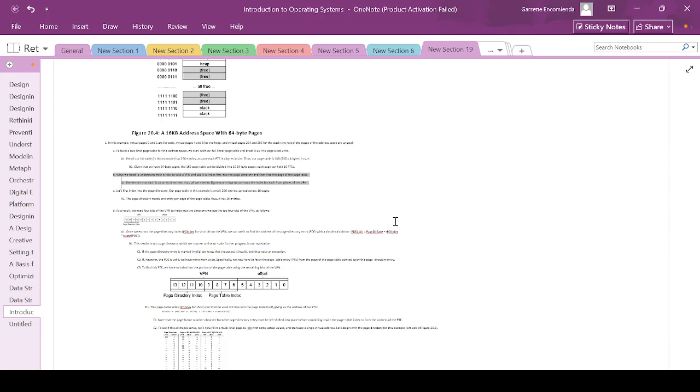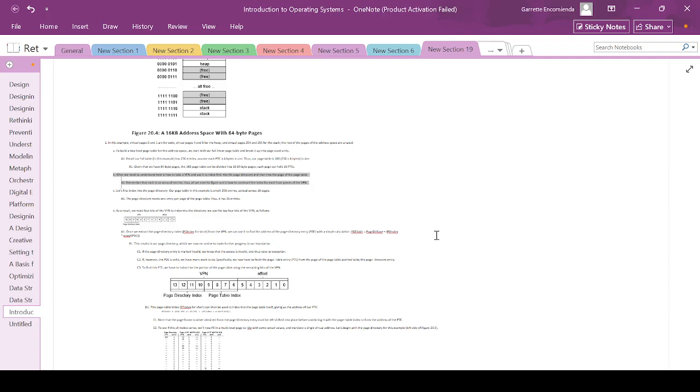Thus, all we need to figure out is how to construct the index for each from pieces of the VPN.